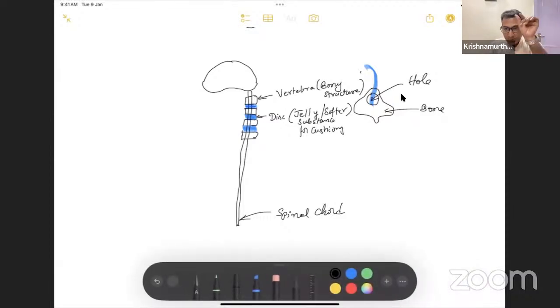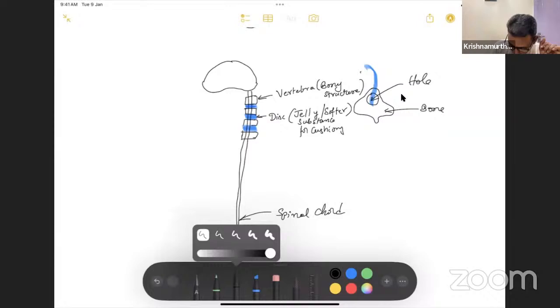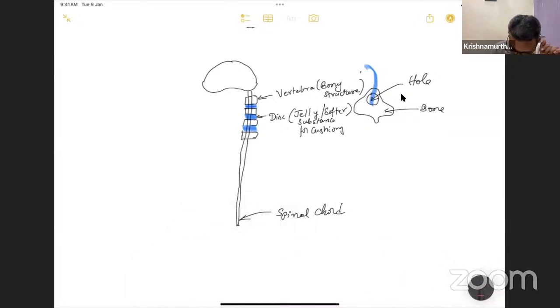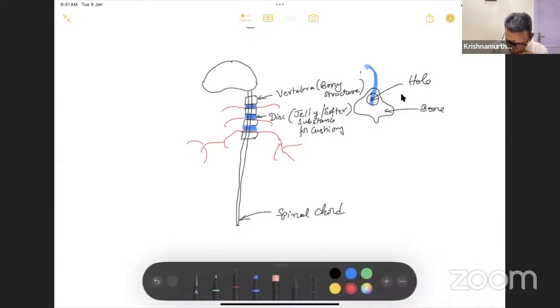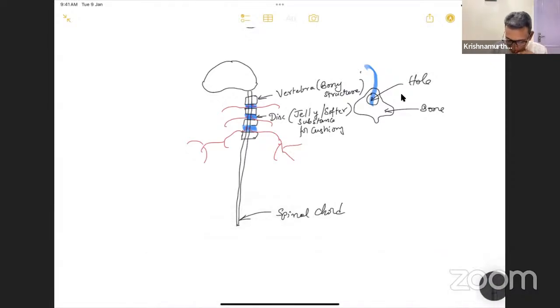And from this main cord, you have branches coming out. I will write it in red. There are branches coming out from left and right. So there are different sets of nerve branches coming on both left and right. All of this put together is called the spine. When we say spine, it includes all of this.